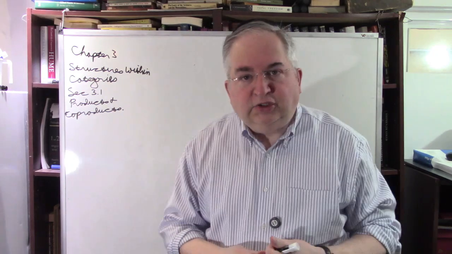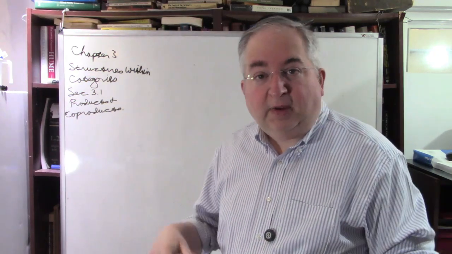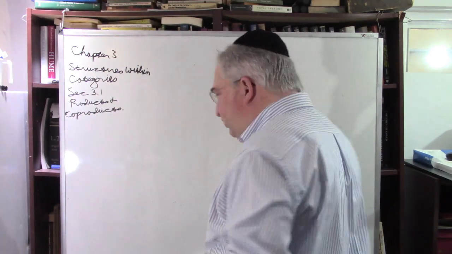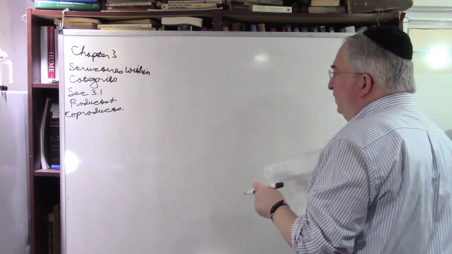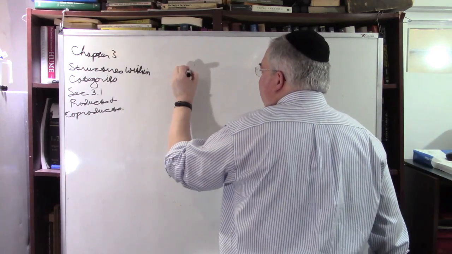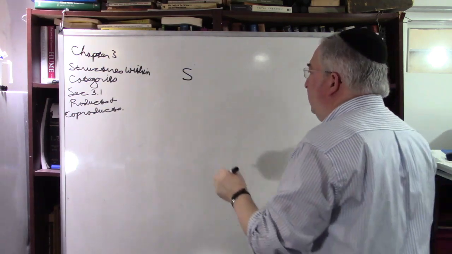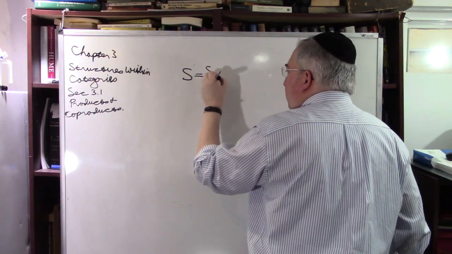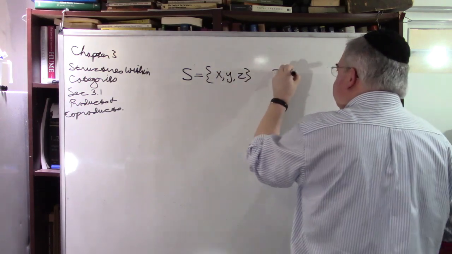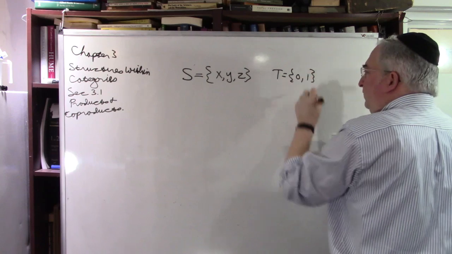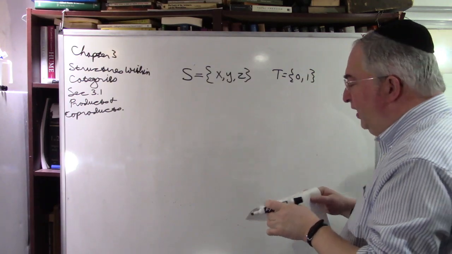Okay, great. So let's back up for a second and talk about our favorite category of all time, namely the category of sets. In the category of sets, we have two sets, S is equal to {X, Y, Z}, and T is equal to {0, 1}. Then one of the things we saw is we could take the Cartesian product of the sets.